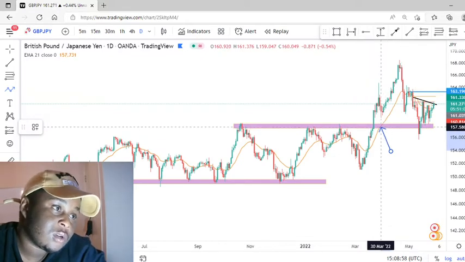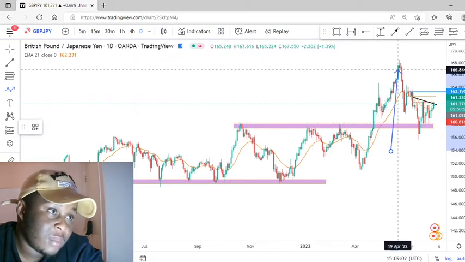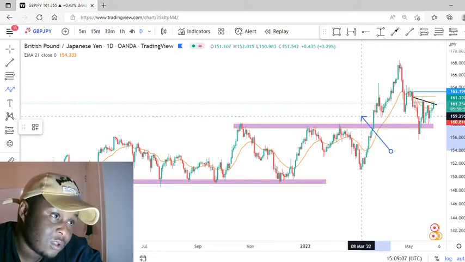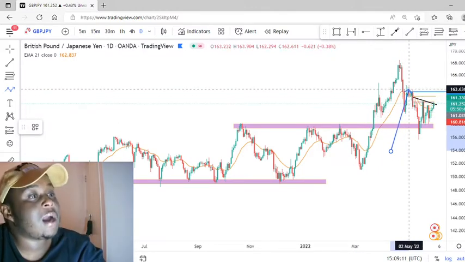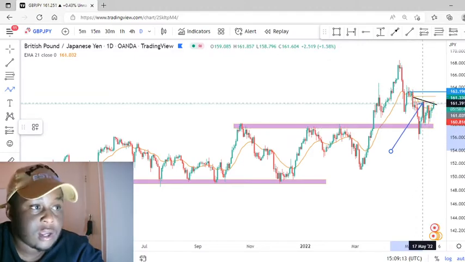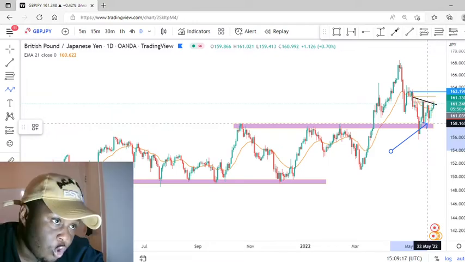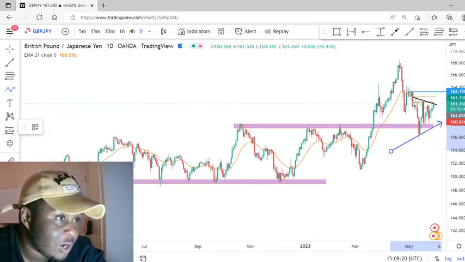So it broke out, made a higher high, made a higher low, made a new higher high, came back to the previous higher lows level, right? Then after that, it just kept on making higher lows. It made a new higher high, made a higher low, but then it failed to make a new lower low. So now I know that okay, we're still in a bullish market, right?